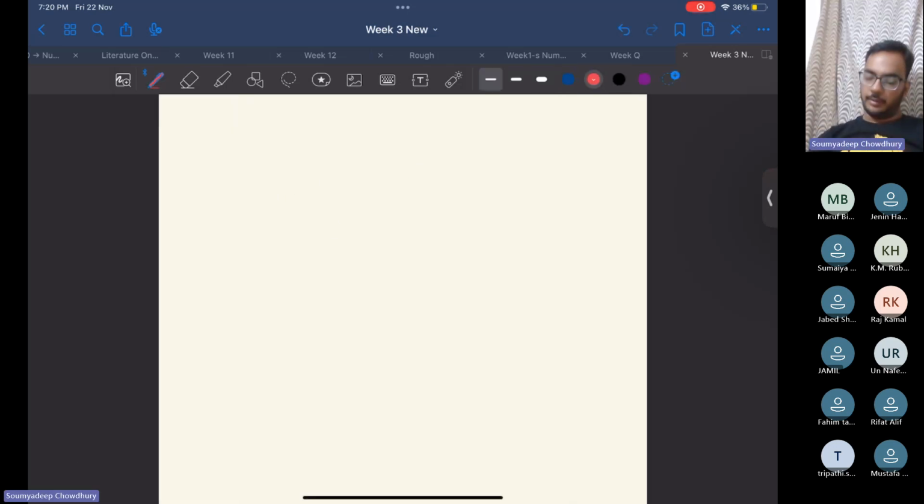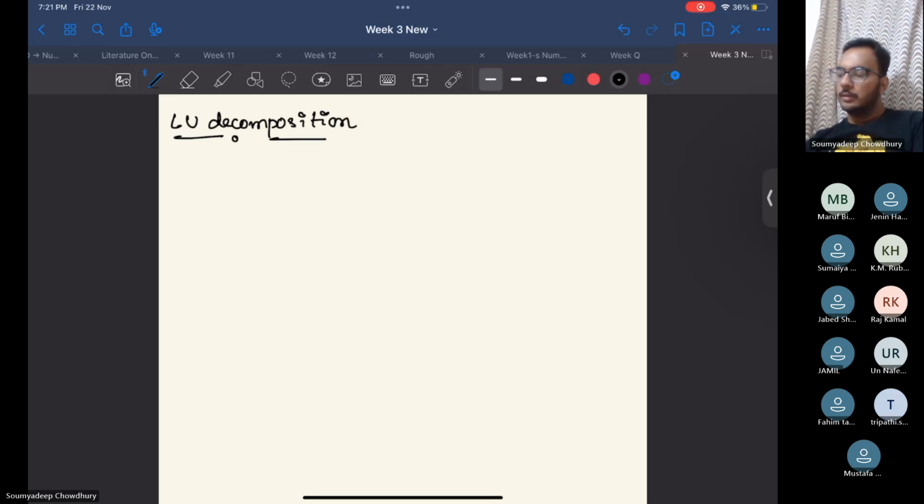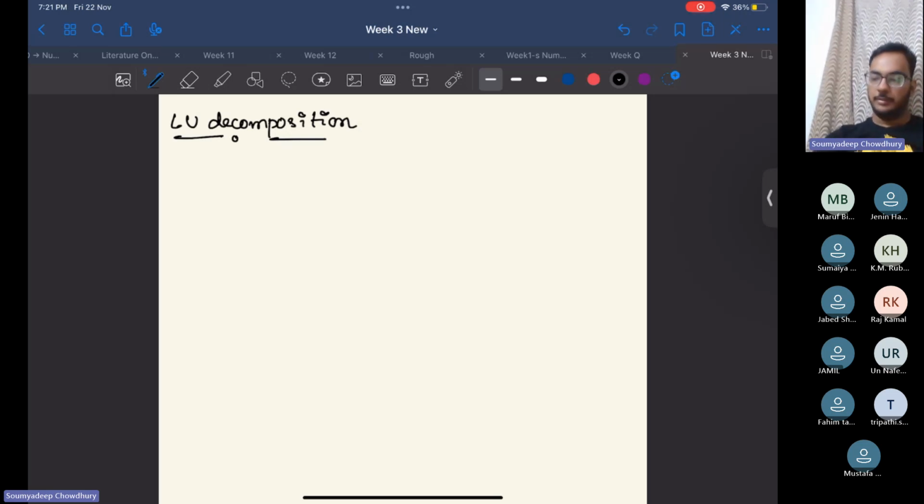How do we solve the matrix using the LU decomposition method? Anyone, any idea? No, sir. You have not used the LU decomposition method anywhere in your electrical engineering, power systems? Okay, fine. I will describe what is the LU decomposition method.